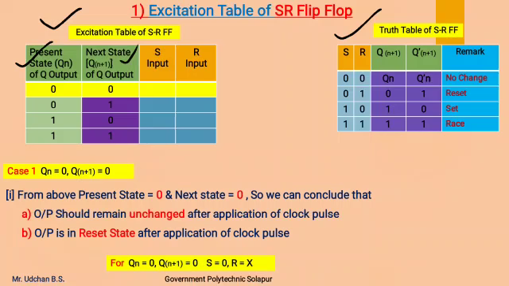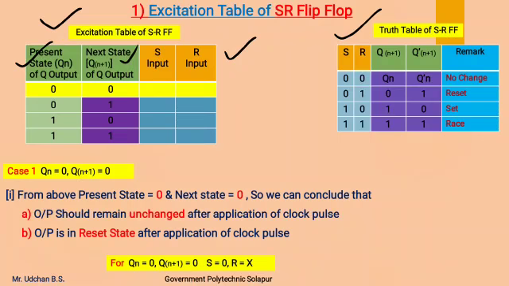Based on present state and next state, we are supposed to find the S input and R input. As we have considered two variables, Qn and Qn plus 1, the possible combinations will be 4, that is 0 0, 0 1, 1 0 and 1 1.